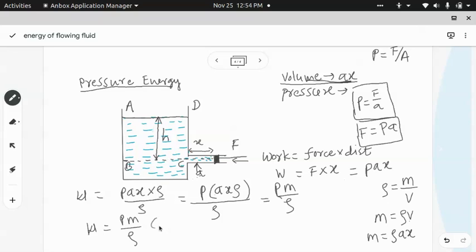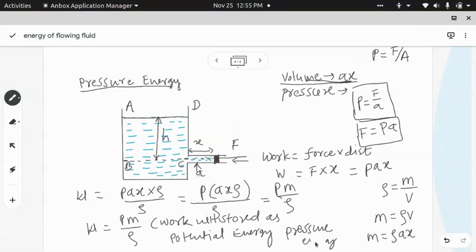I will write here, work will be stored as potential energy, and that is called pressure energy.